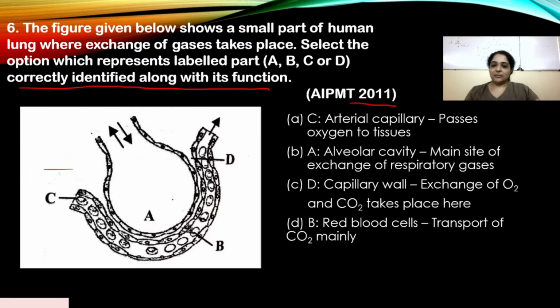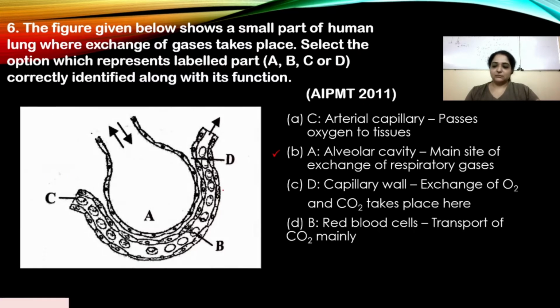D. Capillary wall. Exchange of O2 and CO2 takes place here. Now, D represents the interstitial space that is present here. And B, red blood cells transport of CO2 mainly, which is incorrect. RBCs don't only transport CO2, they transport oxygen also. So option B is the right answer.